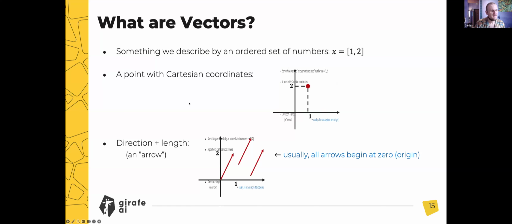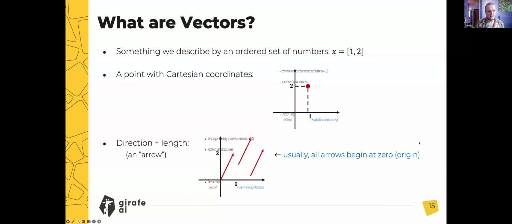Another approach: we can say that a vector is a weird object that has two key characteristics. First, it has some length, sometimes called a norm or even modulus, and it has a direction, so it points somewhere, right? So this directed arrow is a vector.